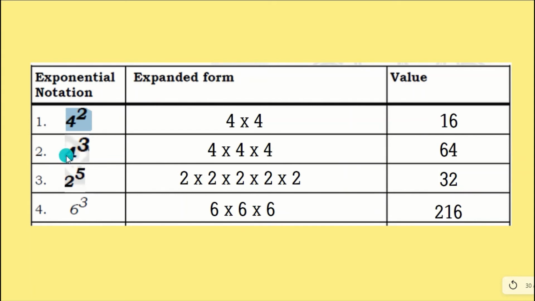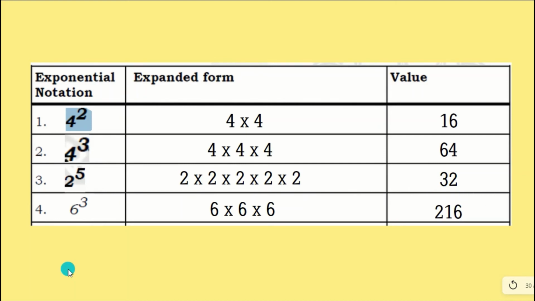Next is 4 to the third power or 4 raised to 3. The expanded form of this exponential notation is 4 times 4 times 4 and its value is 64. Next is 2 raised to 5. So the expanded form of this exponential notation or exponential form is 2 times 2 times 2 times 2 times 2, which results to 32.